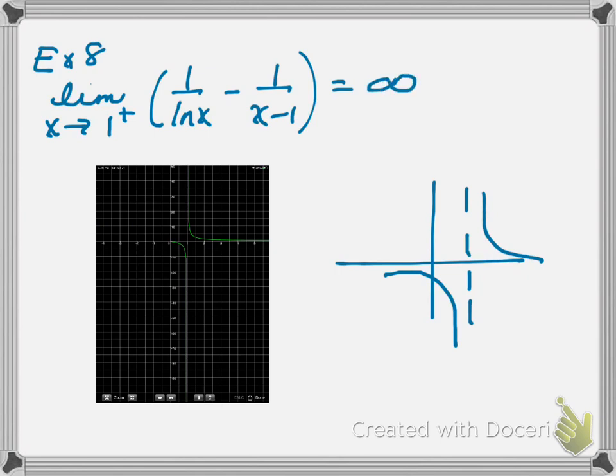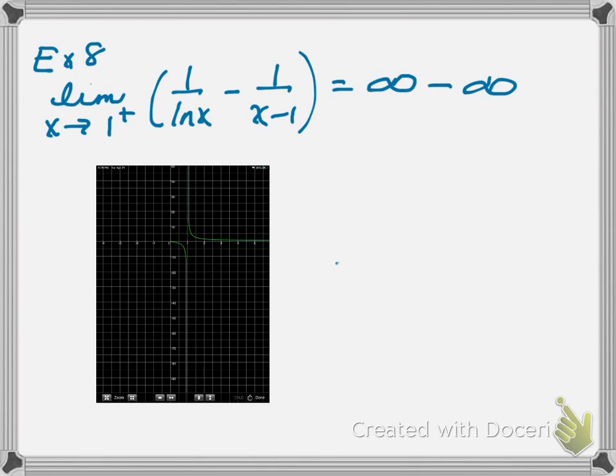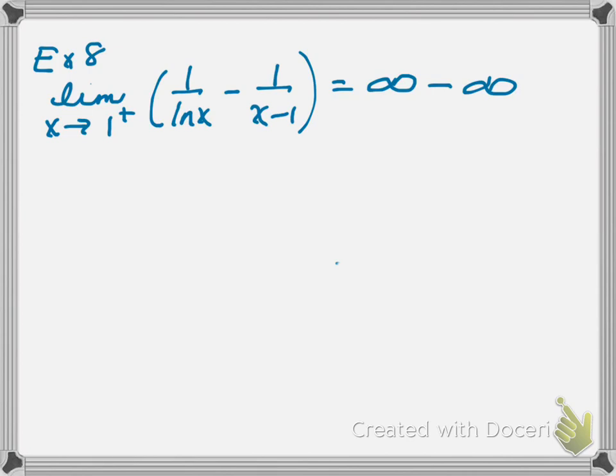So this comes out infinity minus infinity, which is an indeterminate form. You can't say that infinity minus infinity equals anything. But what we can do is try and get this in a format so that we could use L'Hopital's rule. So what could I do with this to turn it into a rational function?